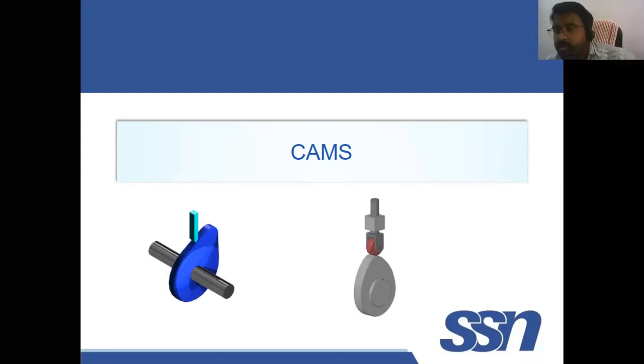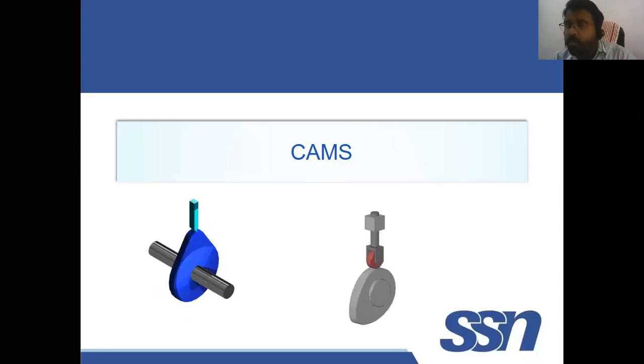Yes, camshaft, correct. When different engines are operating at different power strokes, the camshaft integrates all the power and gives output to the flywheel. So the camshaft is similar to a cam.